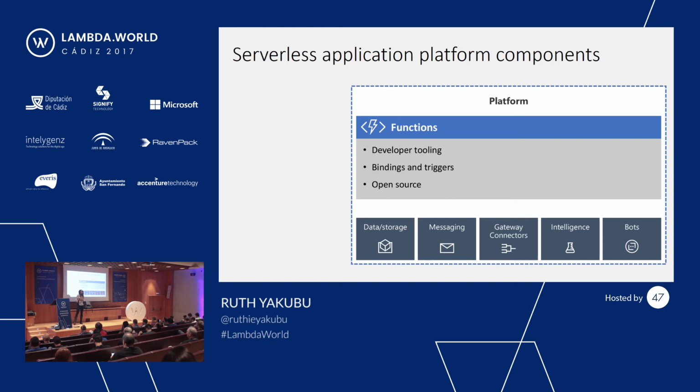So those are areas where you can have a bot. Cortana is also another way, within the framework of using bot services, or Alexa. Those are areas where you can use Azure Functions to integrate with that.